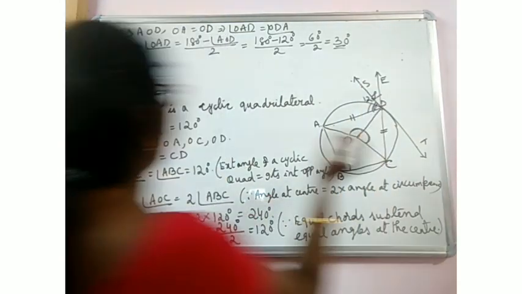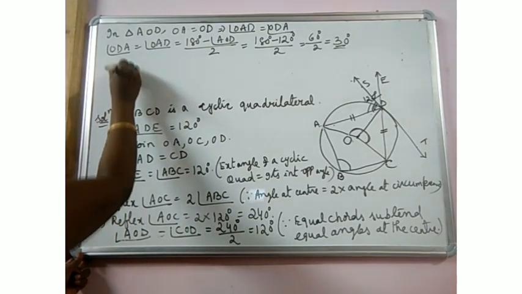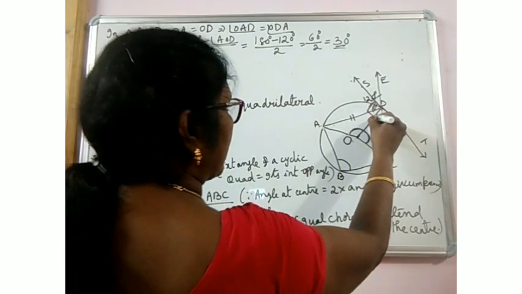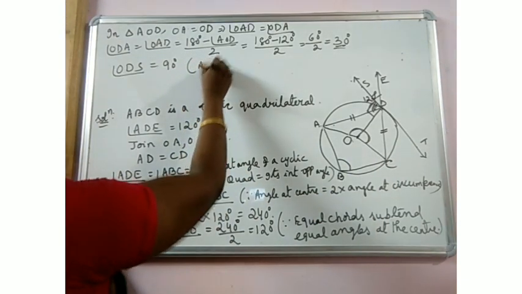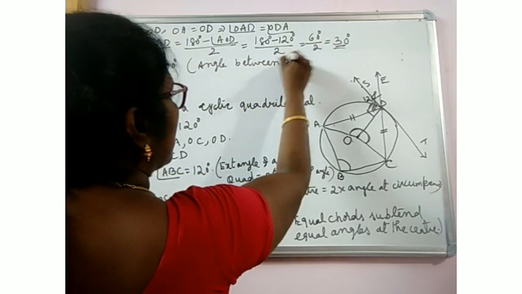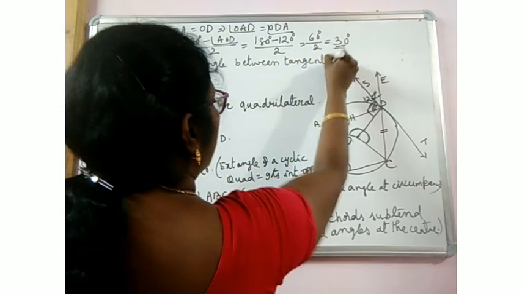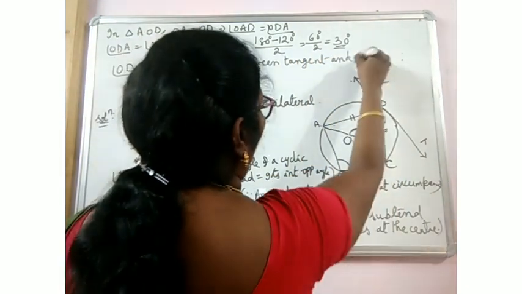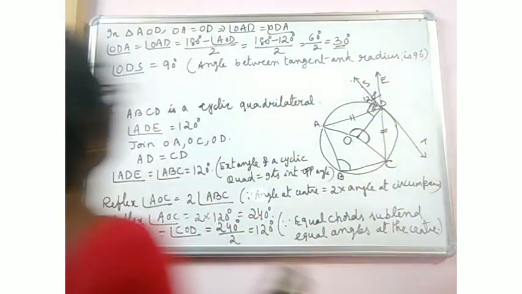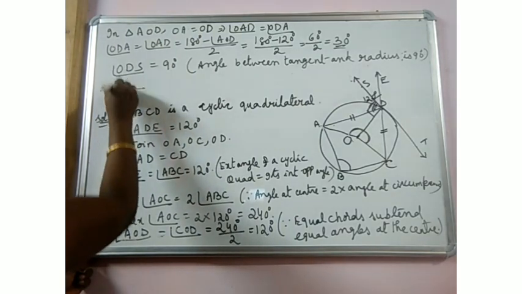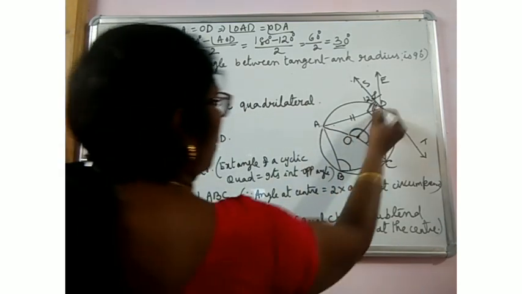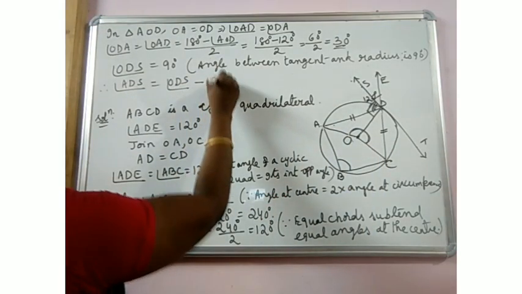We have to find angle ADS. Angle ODS is equal to 90 degrees. This complete angle is 90 degrees because the angle between the tangent and the radius at the point of contact is 90 degrees. Now therefore angle ADS is equal to angle ODS minus angle ODA.